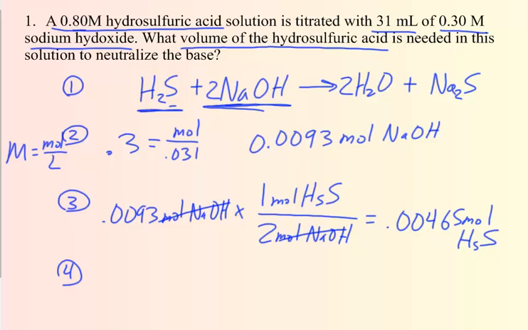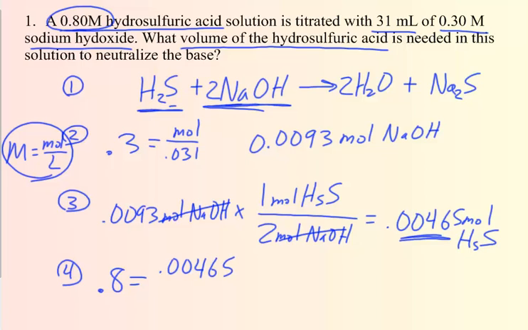So we're getting closer. Last step, step 4, is we want the volume of the acid. We know the molarity of the acid, and now we know the moles of the acid. So using our molarity equation again, we know the molarity of that acid is 0.8. We know that the moles of our acid is 0.00465. We got that from our step 3, and we're looking for our volume in liters.